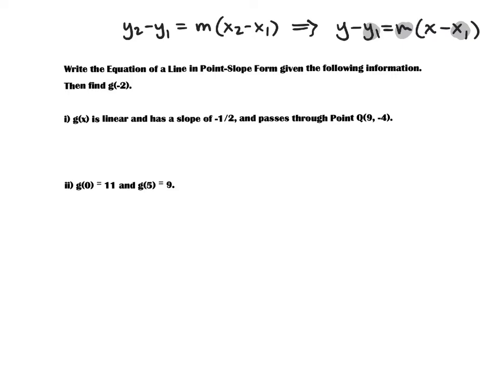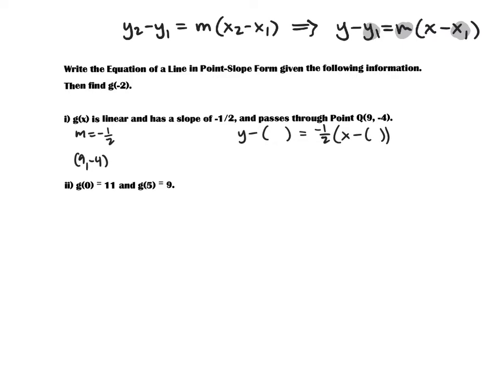So in part 1, g of x is linear and has a slope of -1/2. We can take this slope of -1/2 and the point 9, -4, and we can formulate a line. So I'm going to take y minus y1 and then the slope and x minus x1.